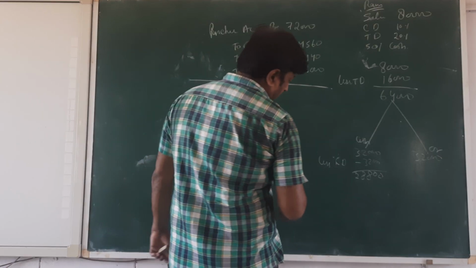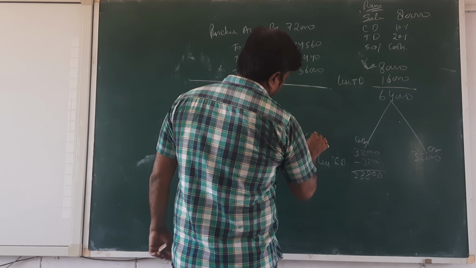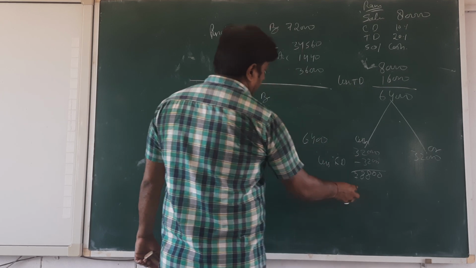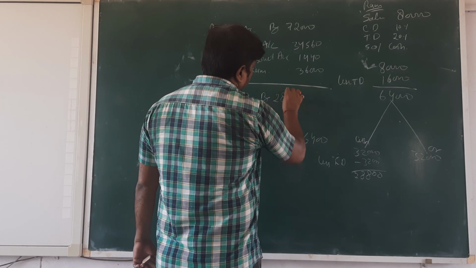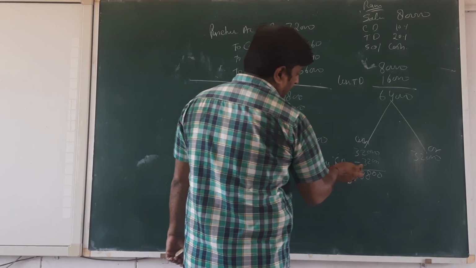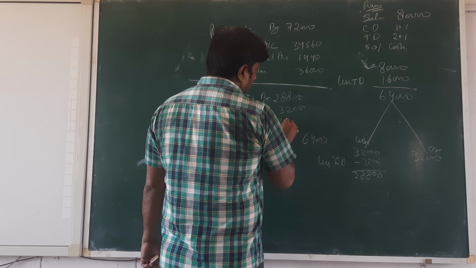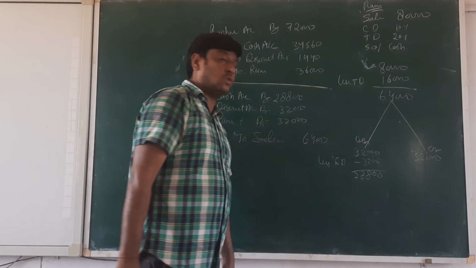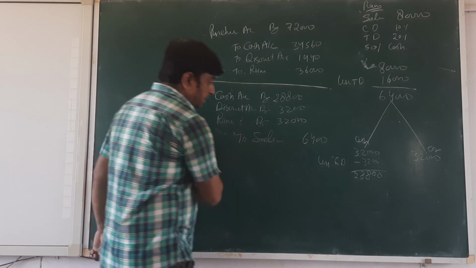Okay, beta. And the sales amount is 64,000, cash received 28,800, discount 3,200, credit 32,000. Okay, beta. This way we are doing the entry.